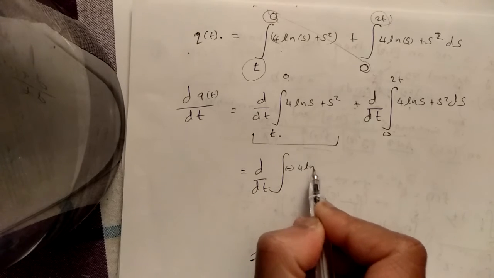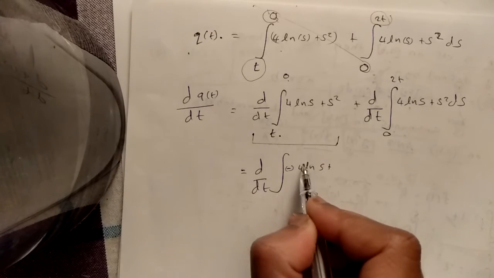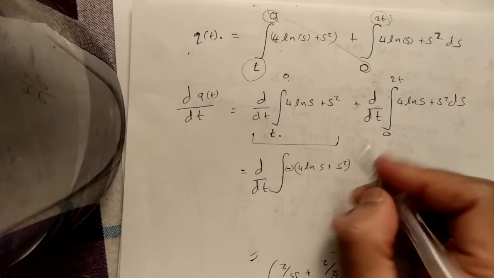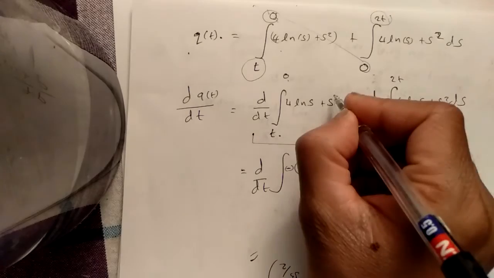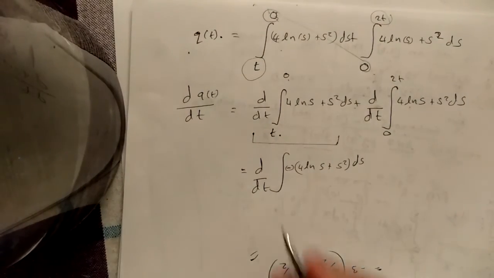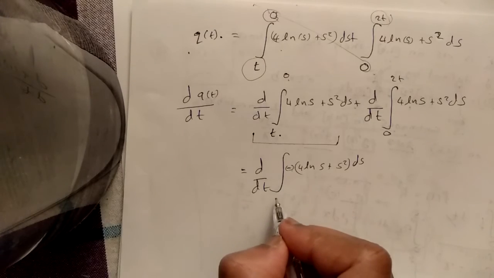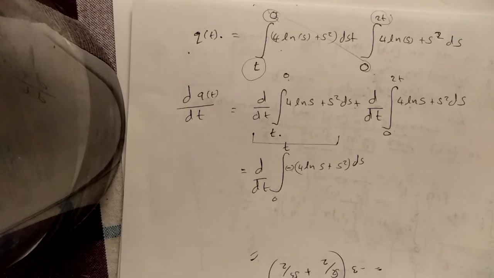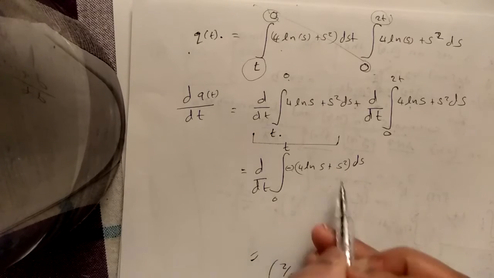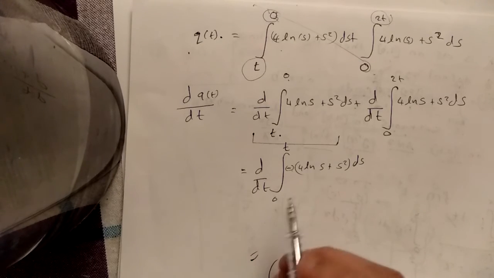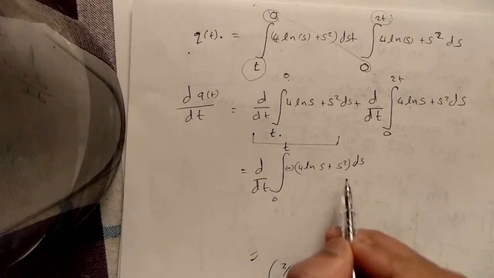When you multiply with the negative sign, the two limits will interchange, right? These are derivatives of ds, okay? So as we multiply it with negative, it becomes 0 to t. I recommend you watch the previous videos as well, in order to understand the fundamental theorem in detail, okay?